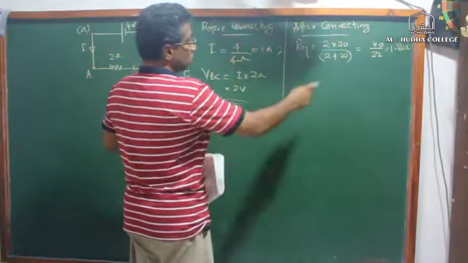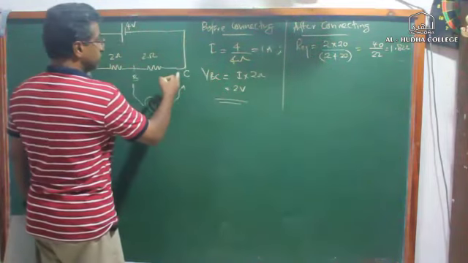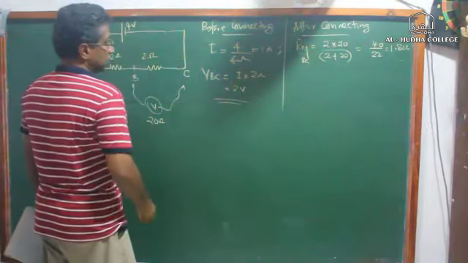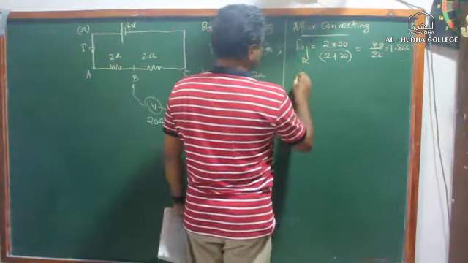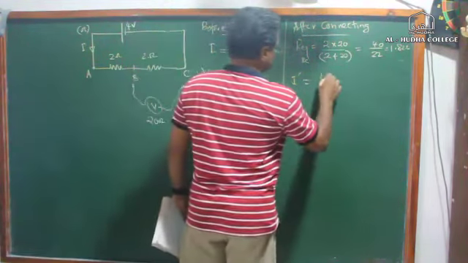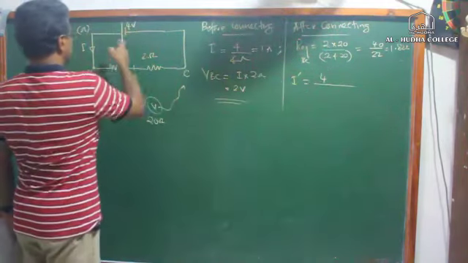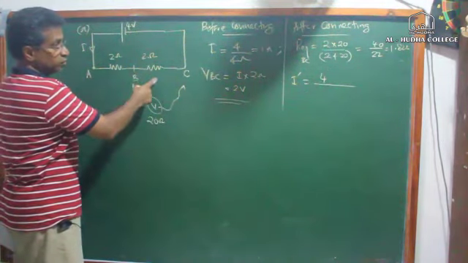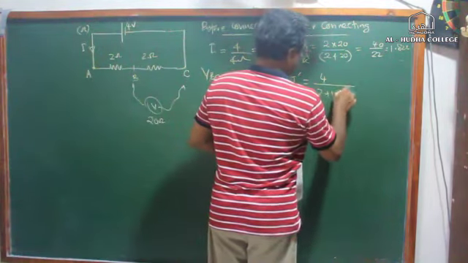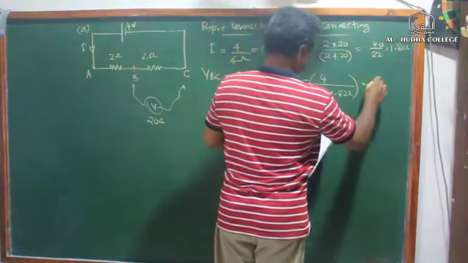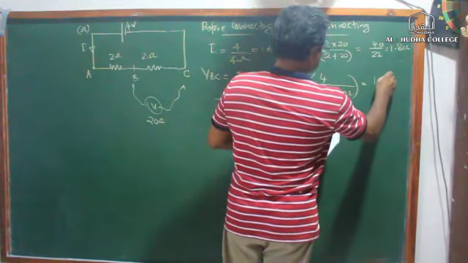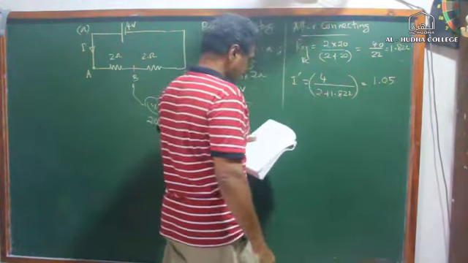Now we know the R equivalent between B and C. Then we have to find the current now. So what is the I dash now? 4 divided by 2 ohm plus 1.822 ohm, right? 2 plus 1.822, so this comes to 1.05 amperes.